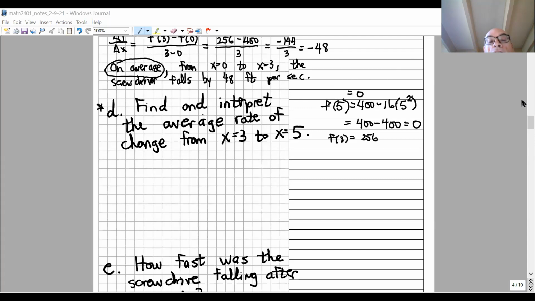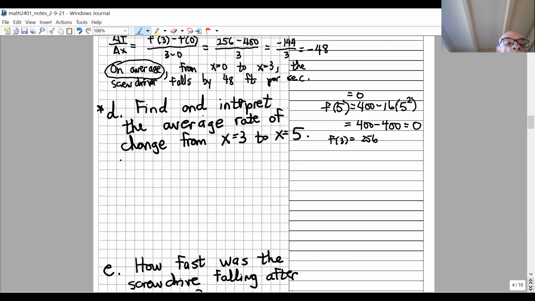Did y'all get that calculation? This average rate of change is going to be f of 5 minus f of 3 over 5 minus 3. What does that turn out to be? Minus 128, Saad, is that what it is? Did someone else get that?